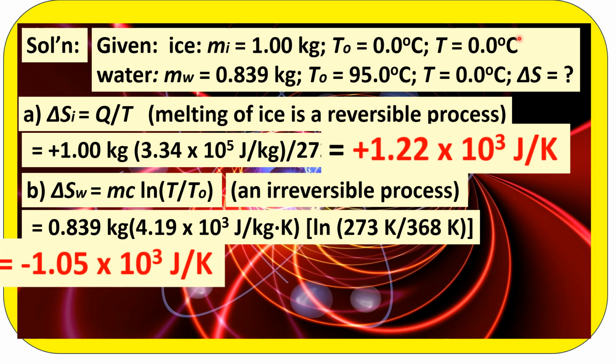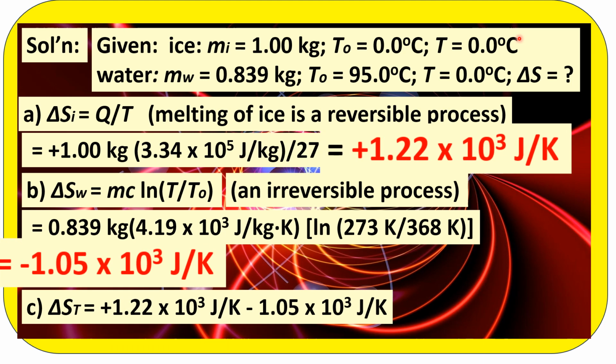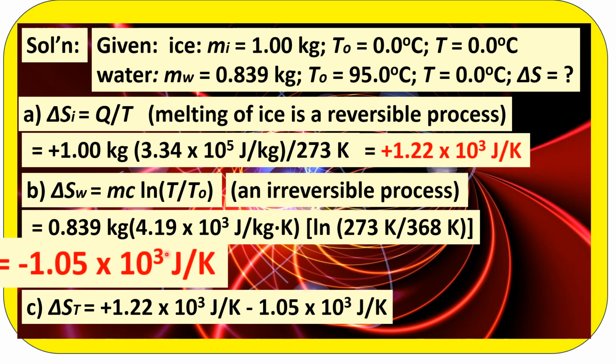So the formula for determining the net change in entropy, of course, is simply to add the two delta S for ice and for water. That is positive 1.22 times 10 to the third power joules per Kelvin, that's for ice, and then negative 1.05 times 10 to the third power joules per Kelvin, that is for water.